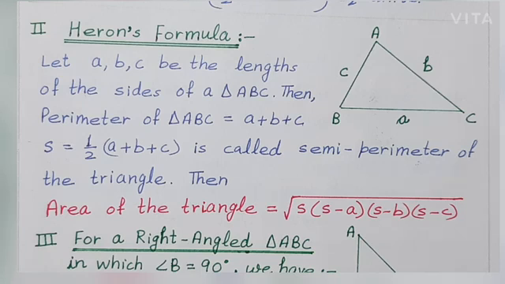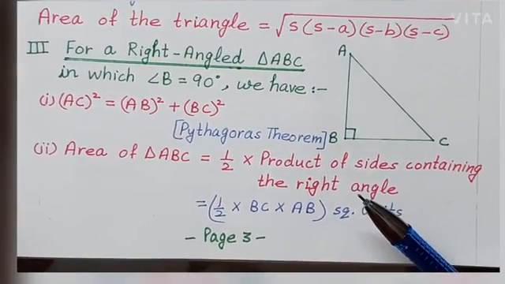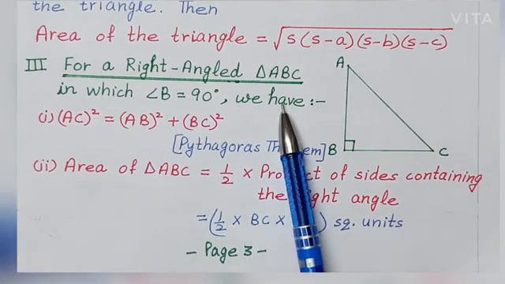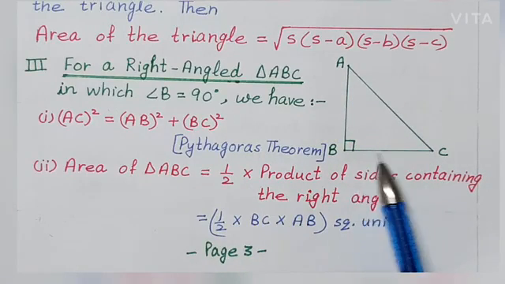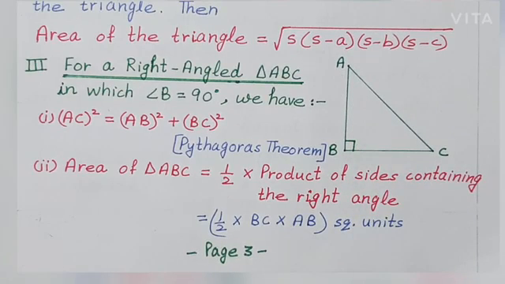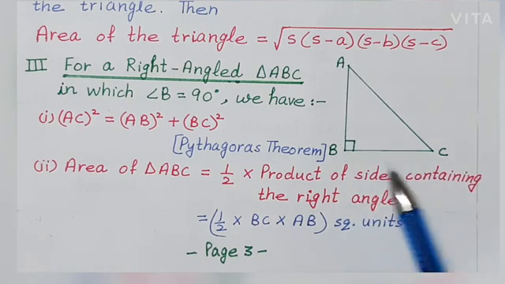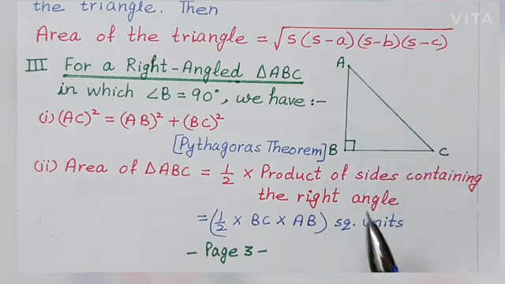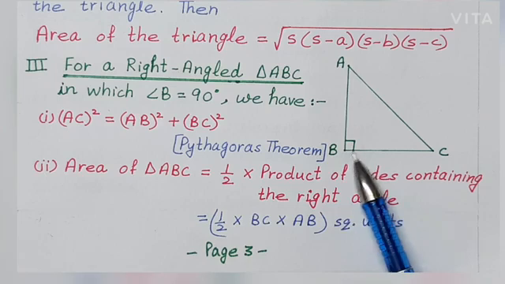Now the next method is for any right angled triangle ABC. The area of this triangle will be half into base into height. You can take AB as base and BC as height, or BC as base and AB as height. In this triangle, angle B is 90 degrees.